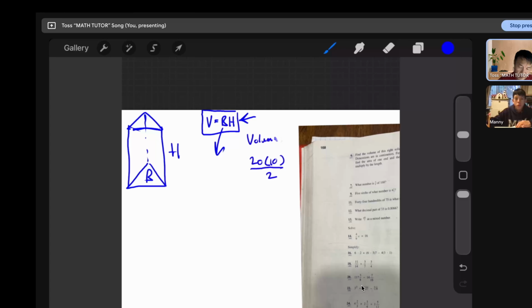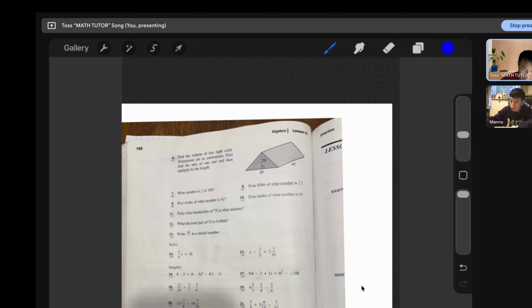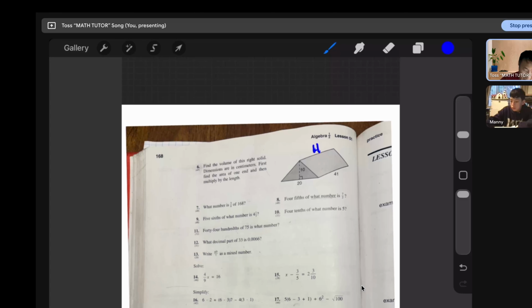Okay, I'll write it all out here. So the volume of this particular triangular prism would be this. The base is base times height divided by 2 on its own. So I'll lowercase that. It's a triangle, the face, and then times the height, which is going to be the depth, right here, 41.